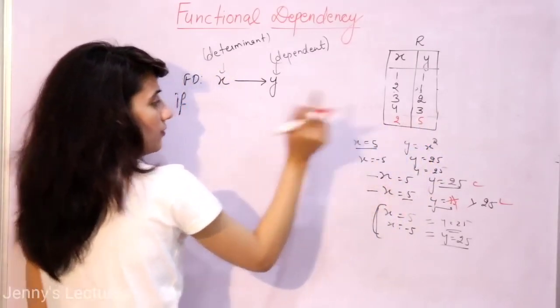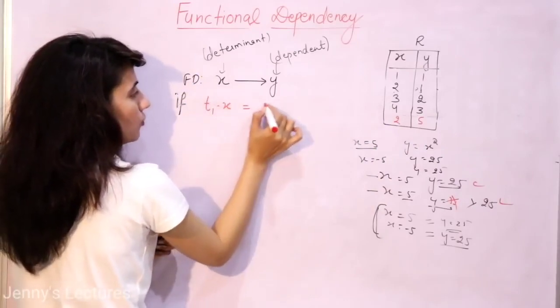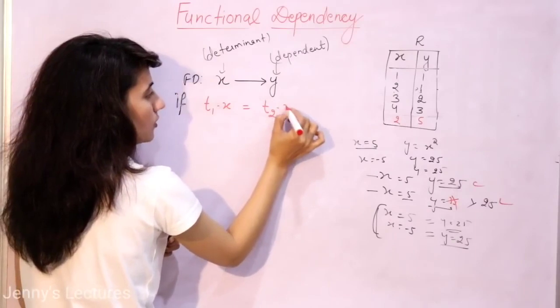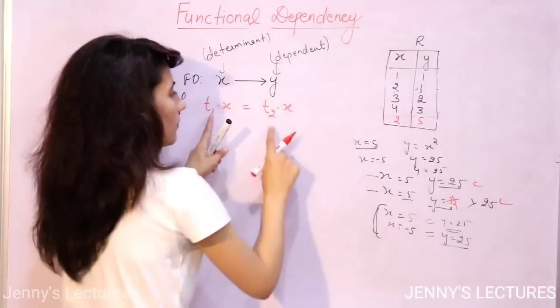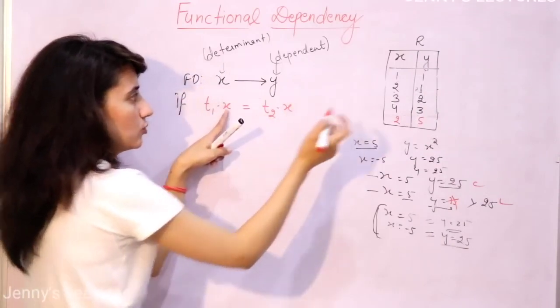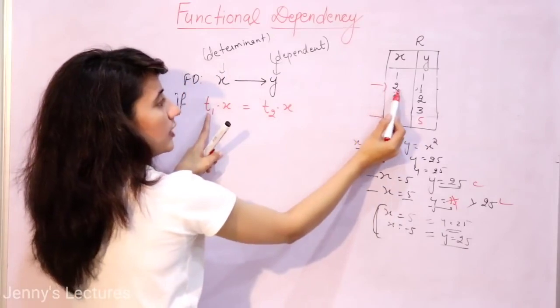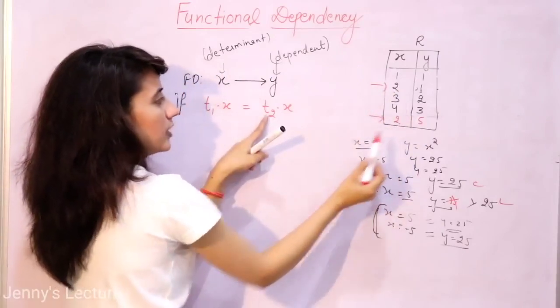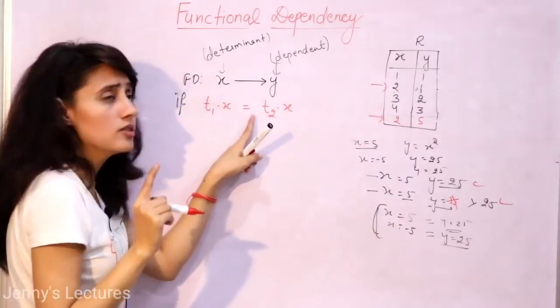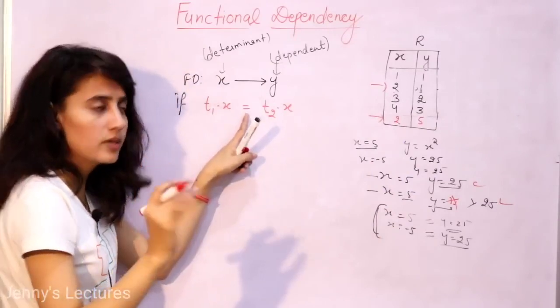So now if in two tuples, t1 dot x equal to t2 dot x, fine. Here t1 and t2 mean any two tuples and x means x values. Like suppose I am taking this tuple and this tuple. t1 dot x is 2, t2 dot x is also 2, right? If this is the situation, see this is not an assignment operator, I am comparing the values, right?